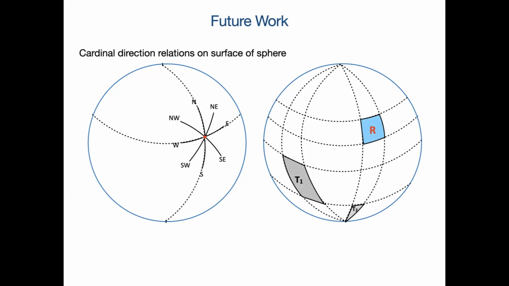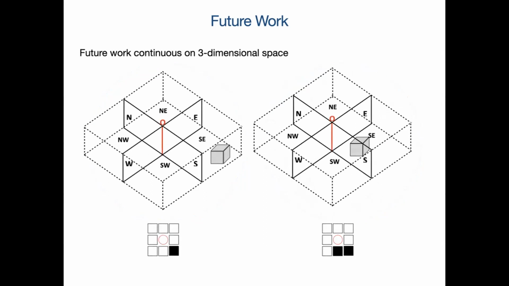The same relations, point to region direction relations, we can apply here, and simultaneously in 3-dimensional space. Once we are concerned with 3-dimensional space, how are we going to define the direction relations between volumes? These are the future directions.